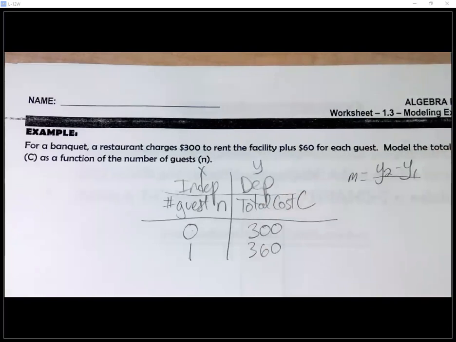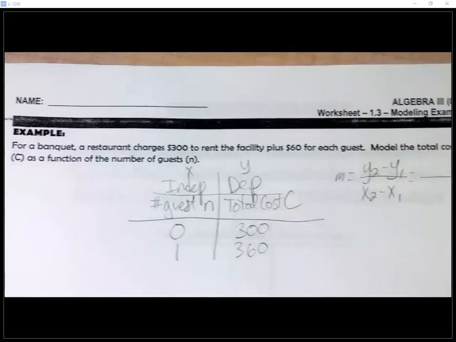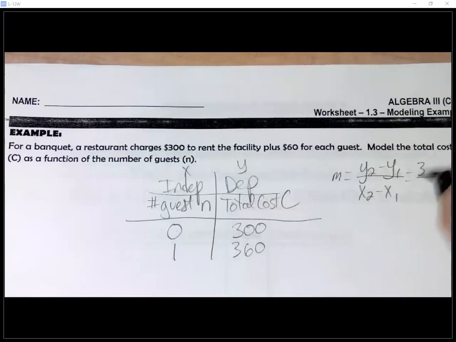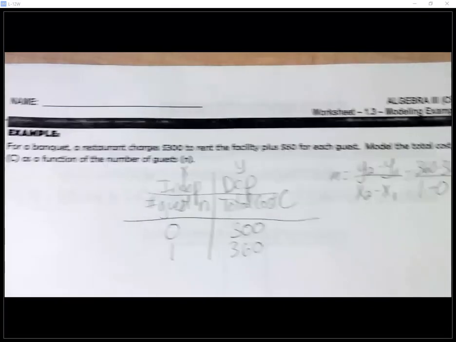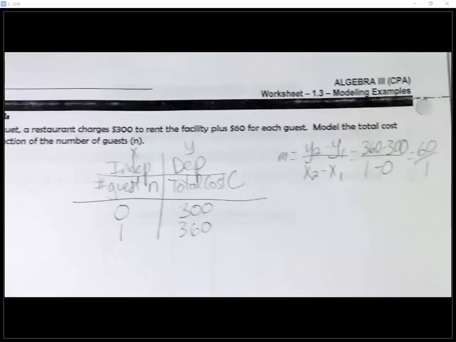When you do the slope, it's the Y's on top and the X's on bottom. I tried to catch that where I saw it. So I get the slope is just going to be 60, right?